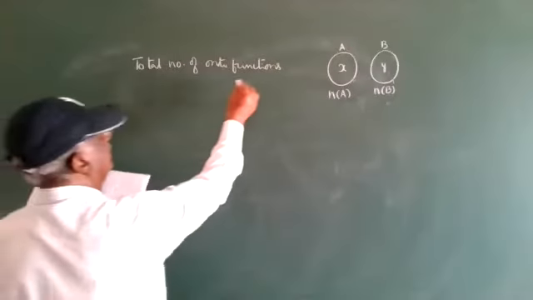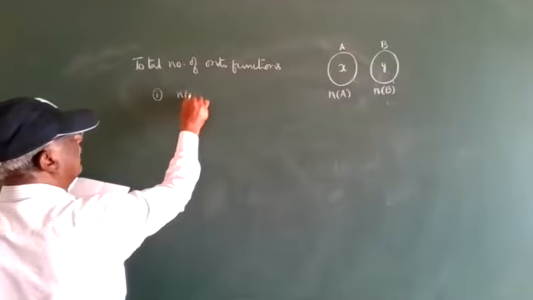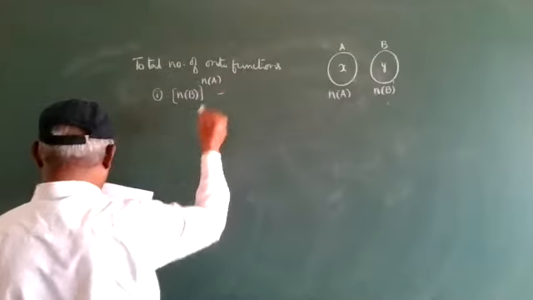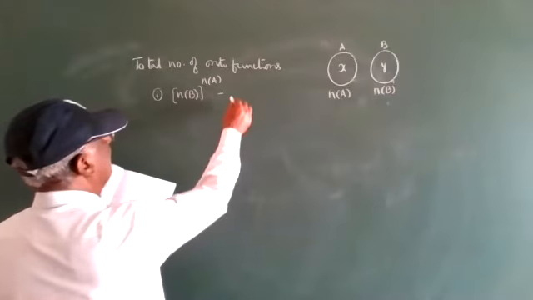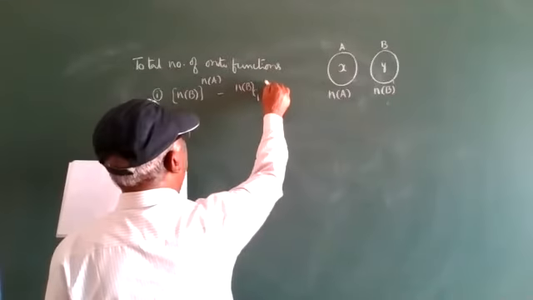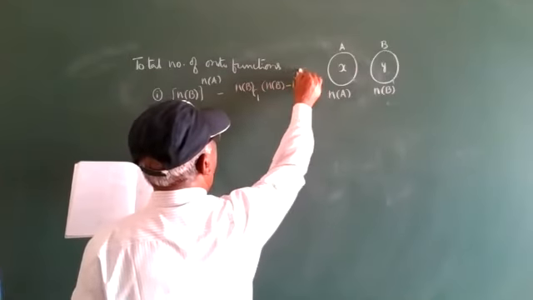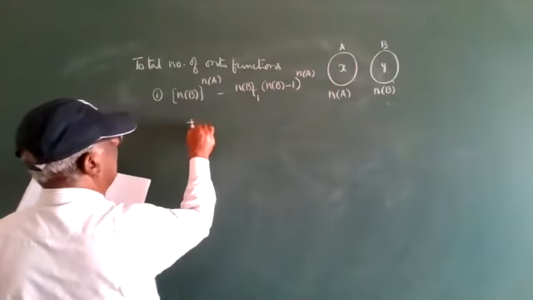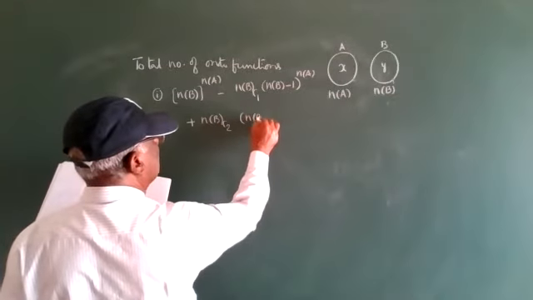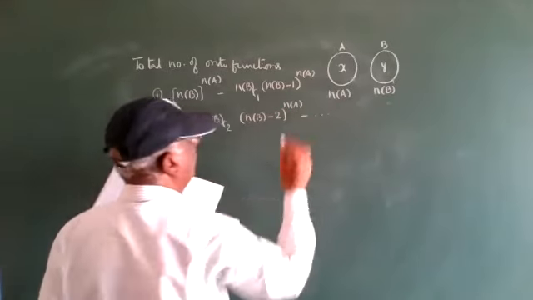Okay? So the number of onto functions is: n of B to the power of n of A, minus n of B C1 times n of B minus 1 to the power of n of A, plus n of B C2 times n of B minus 2 to the power of n of A, and so on.